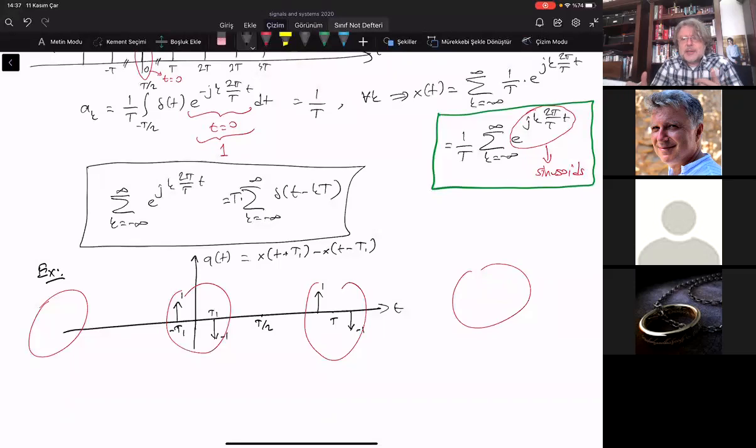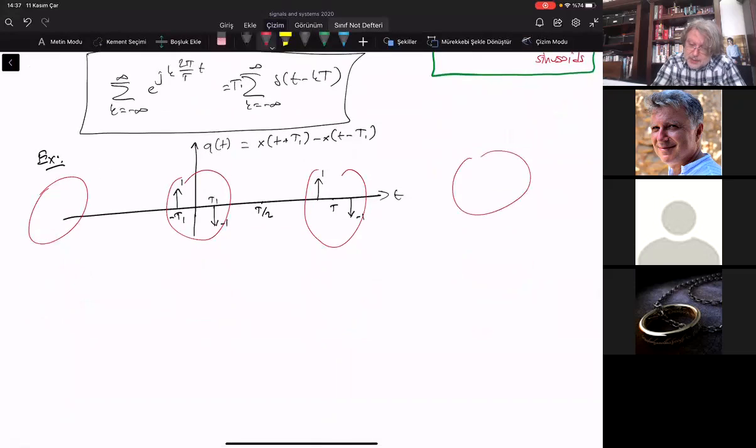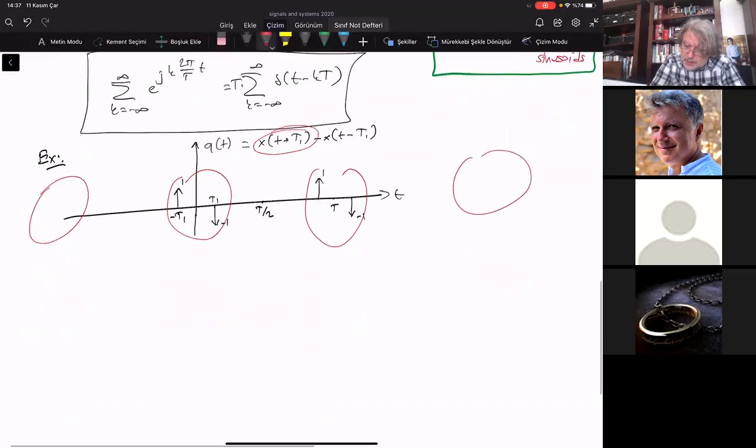And now we can use the linearity and time shifting properties to find the Fourier series coefficients of this and this separately, and then we will combine the Fourier series coefficients of both of them. The Fourier series coefficients from here will be equal to e to the jk omega 0, which is 2 pi over capital T, times T1, capital T1, a_k, but I know that a_k is 1 over capital T, so remember that.